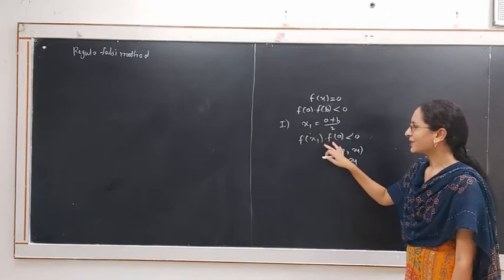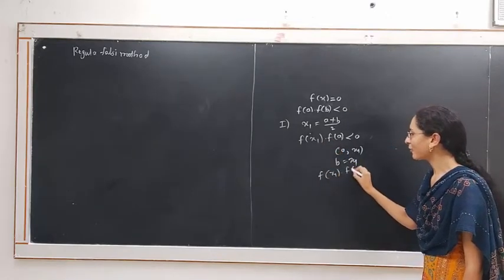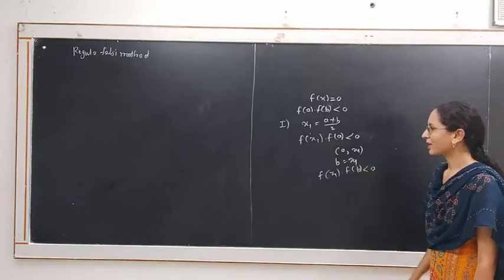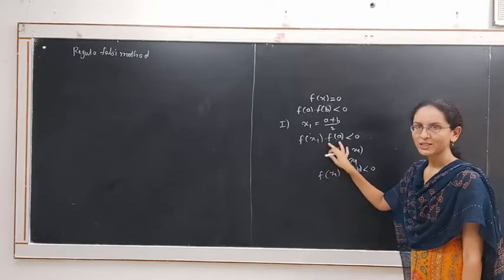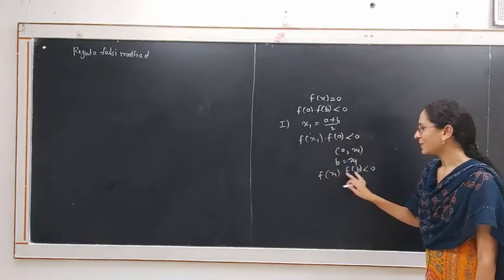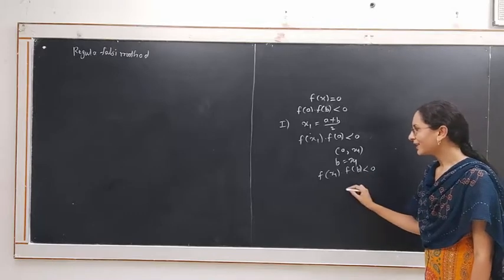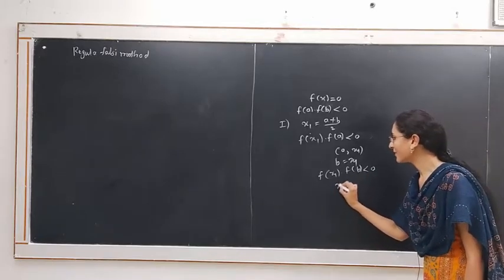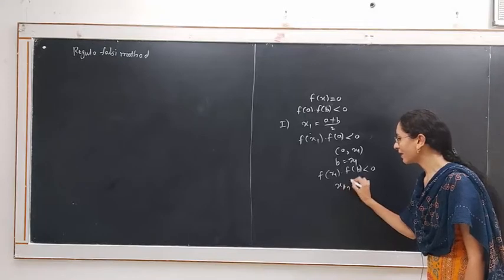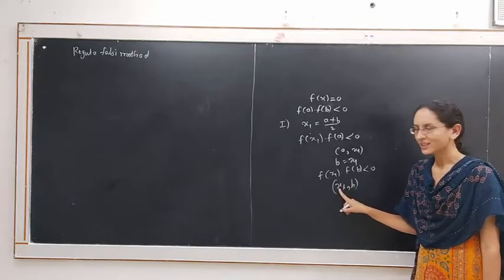Otherwise, the second possibility is that f(x1) times f(b) is less than 0. This means the root lies in the interval x1 to b. Then we take a = x1 in the next iteration.